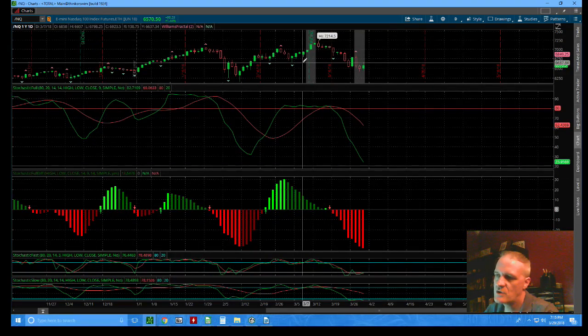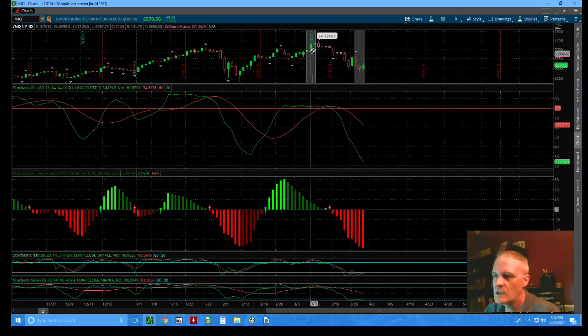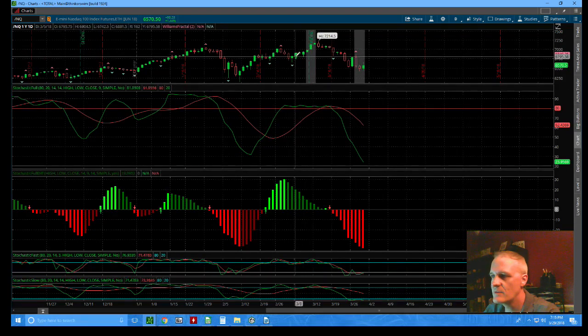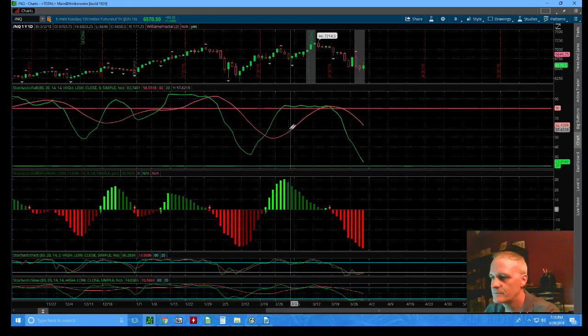So depending on the type of trader that you are, you might have preferred to have that signal be there. And I wouldn't necessarily call it a false signal, because if you had gotten long based on that crossover, you would have been okay, because you see there's a pretty big move upward here until it peaks.